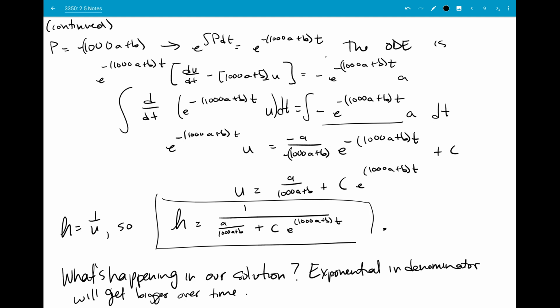So you're going to be dividing by a bigger and bigger number. And so your intuition, if you're used to taking limits, might be that at some point this is going to level off.